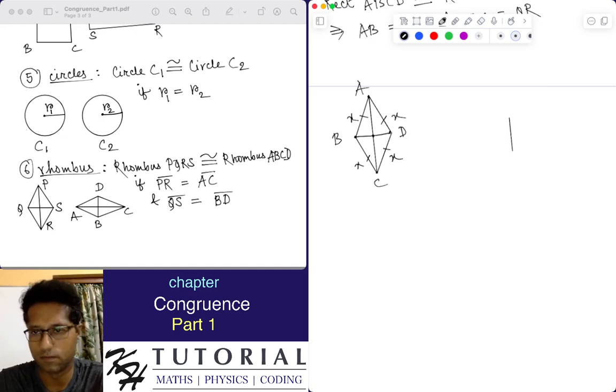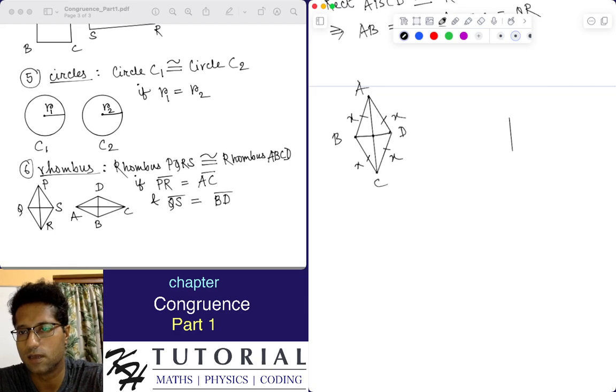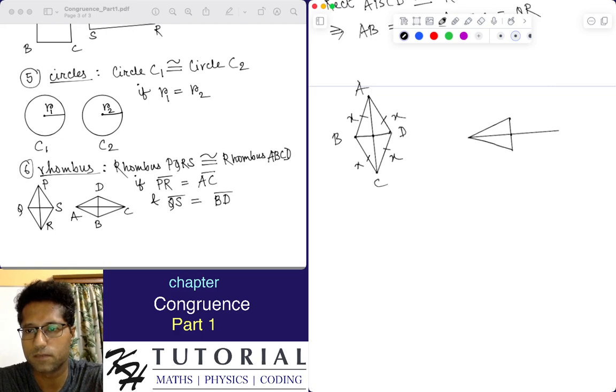So the other diagonal will definitely be horizontal, because it needs to intersect at a 90-degree angle, and also they will both bisect each other. So approximately I can draw the other diagonal like this. Okay. Now if I connect these points, they will be the vertices of the rhombus.